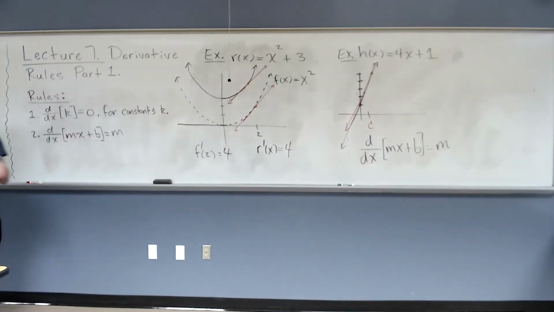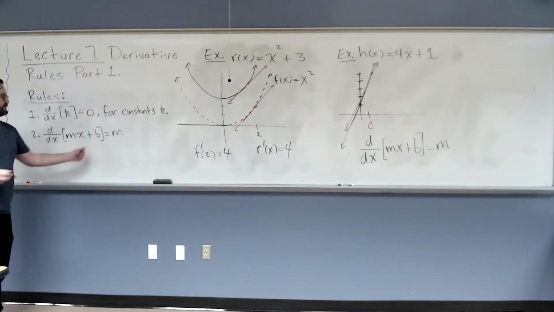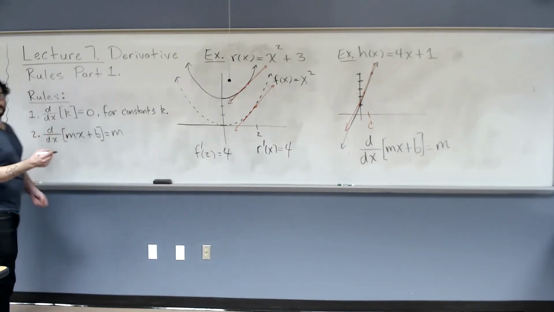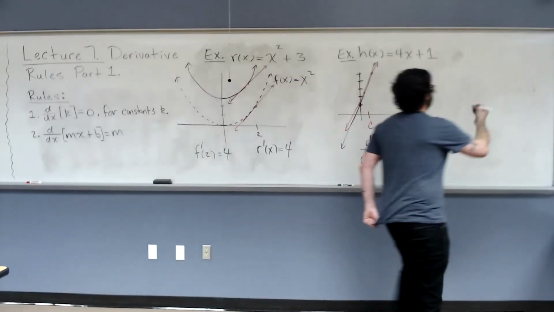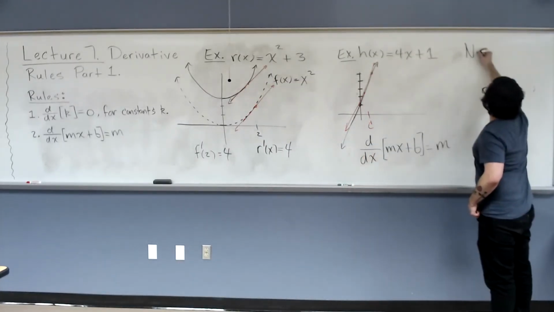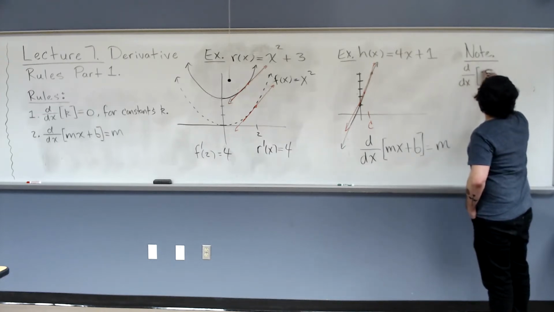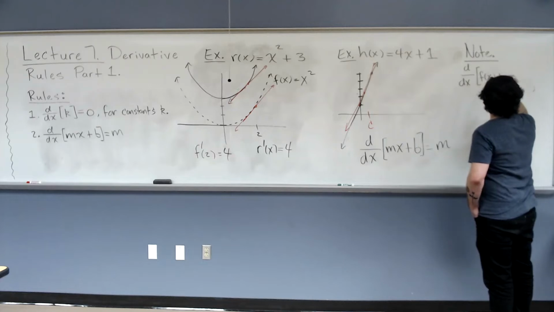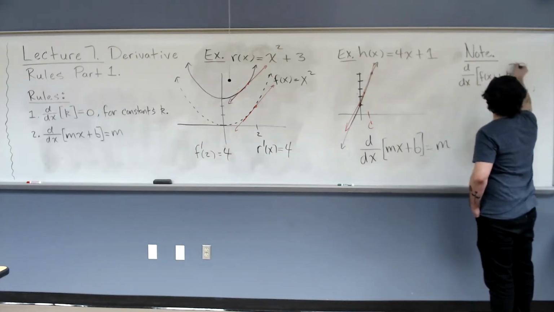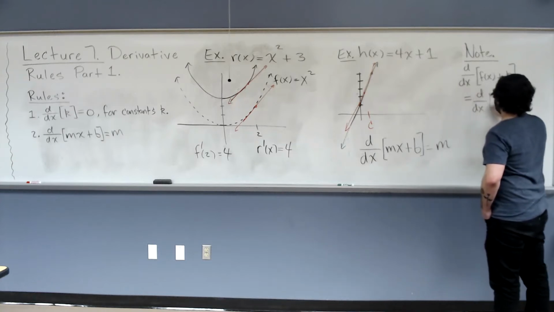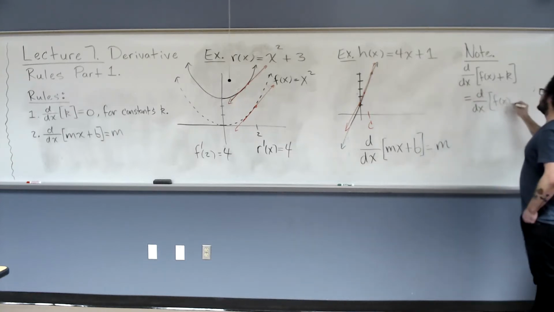So this is not a rule that you would see in your textbook, but I'm trying to build up the rules. So maybe we can just make note of that somewhere, like maybe over here. So we note that the derivative with respect to x of f of x plus any number k is just equal to the derivative with respect to x of that function, right?